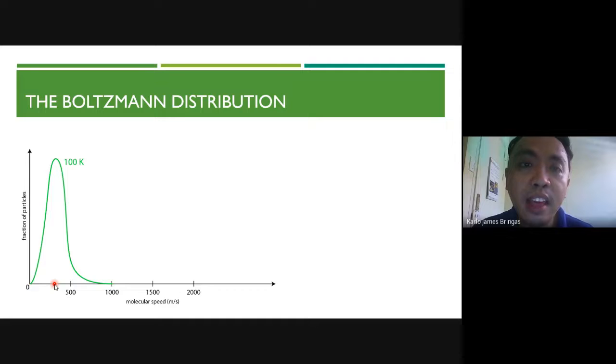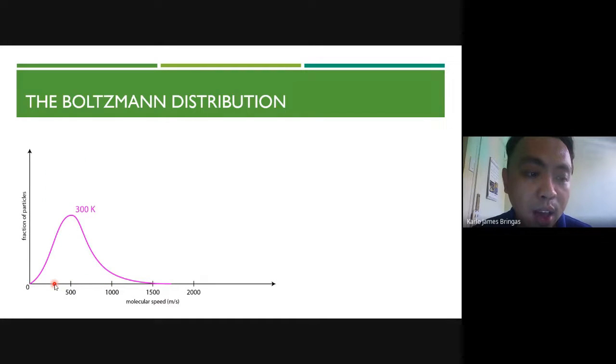Now we can take that same gas particles in our sample and raise the temperature from 100 Kelvin to, let's say, 300 Kelvin. Earlier, we had 300 meters per second as the most probable molecular speed for the majority of the gas.